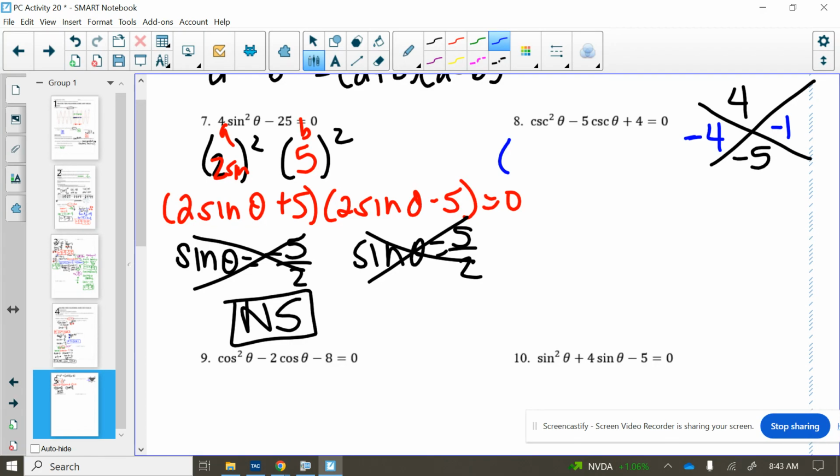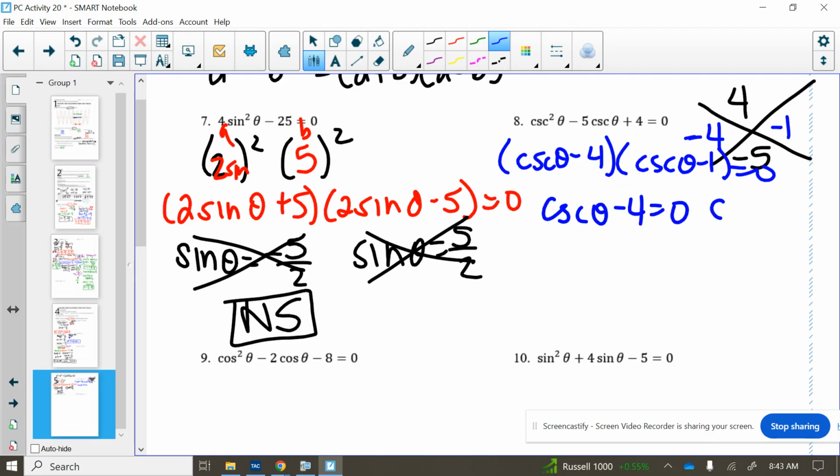So we would say cosecant of theta minus 4, cosecant of theta minus 1. And we want to set each of these pieces equal to 0 to see what the values would be. So we want to know where is our cosecant of theta equal to positive 4? Where is our cosecant of theta equal to positive 1?